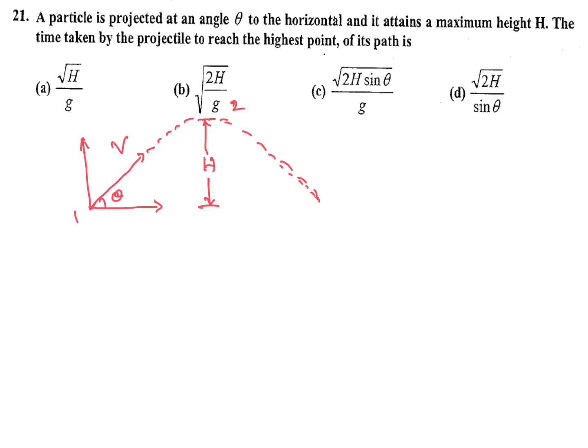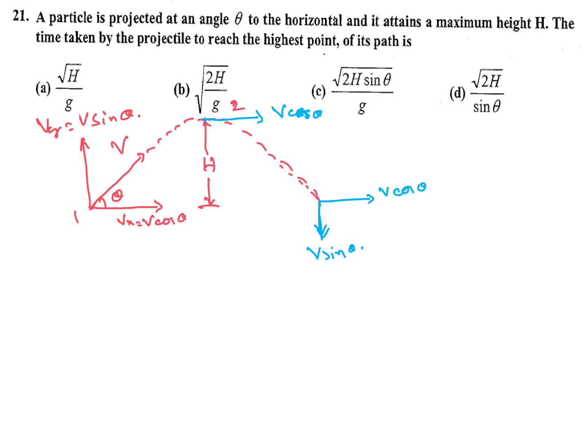Let the horizontal component be v cos theta or vx, and vertical vy is v sin theta. So at point 2 we will have only the horizontal component v cos theta. Vertical component is 0. Here v cos theta, vertical component is in the opposite direction v sin theta, and our acceleration is g.